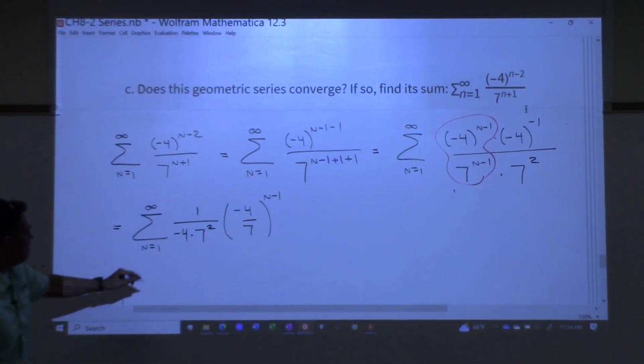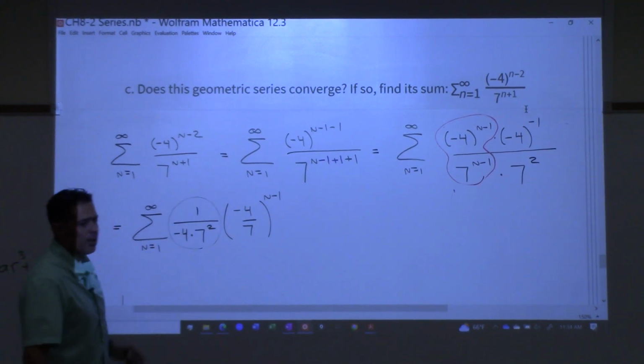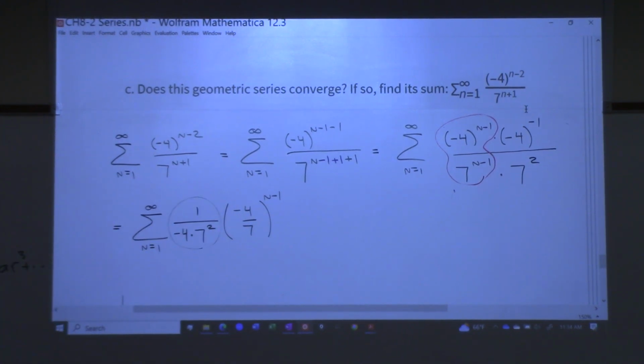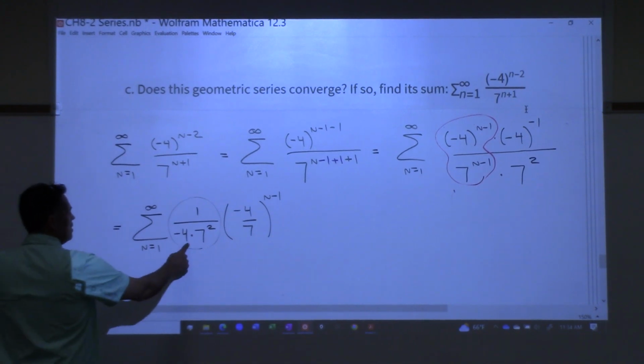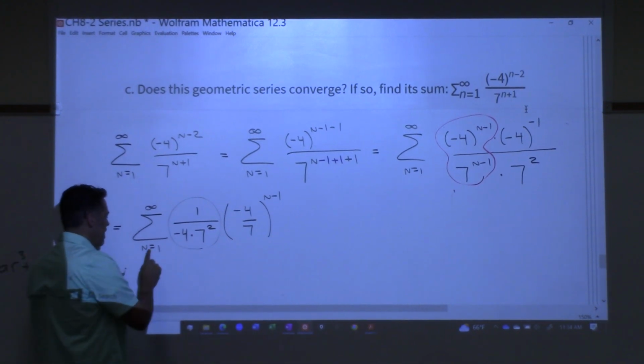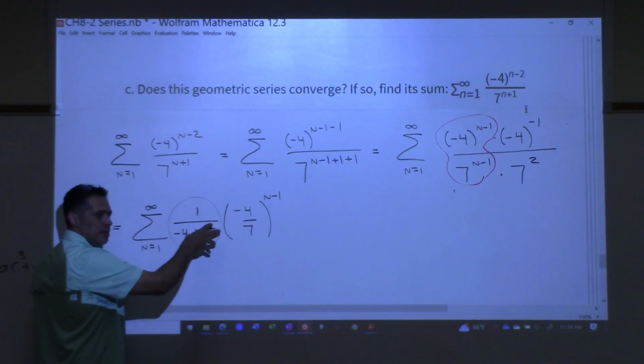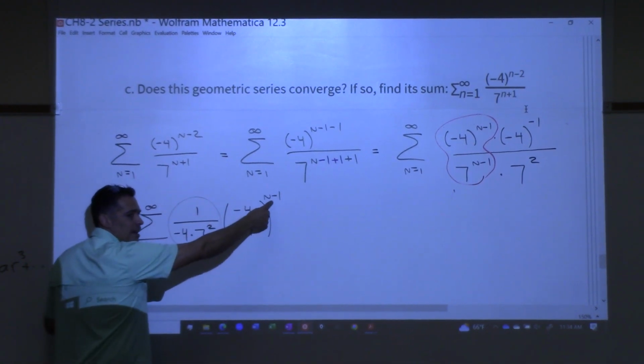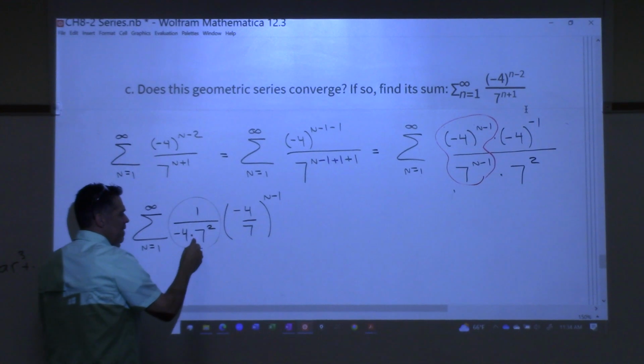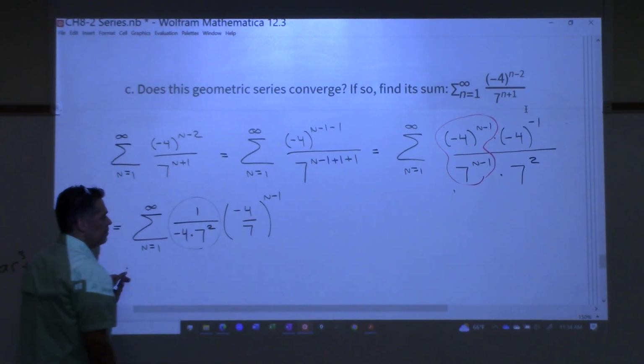And then this up front here is just some number, right? It's A. That's A, isn't it? That's our A. The reason I know this is A is because n has no impact on this, right? N is only impacting that exponent right there. So this is my A and that's my R.